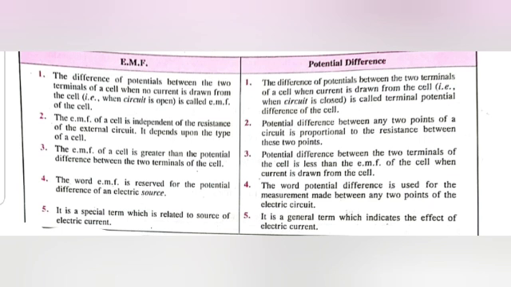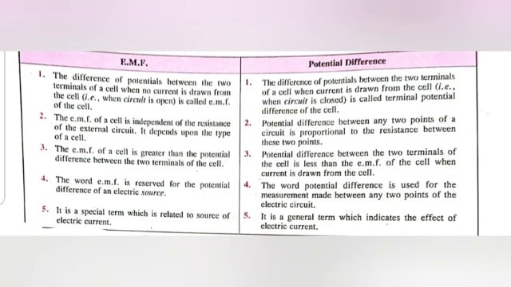Now the second point: the EMF of a cell is independent of the resistance of the external circuit. Obviously, because we have not drawn any current from it right now. EMF is the condition when no current is drawn from the cell, so it hardly matters what the resistance of the external circuit is. But in case of potential difference, we have drawn the current. So obviously the value of potential difference would depend on the resistance of the circuit, because the external circuit has a certain resistance, and it would matter how much current we are drawing from the cell.